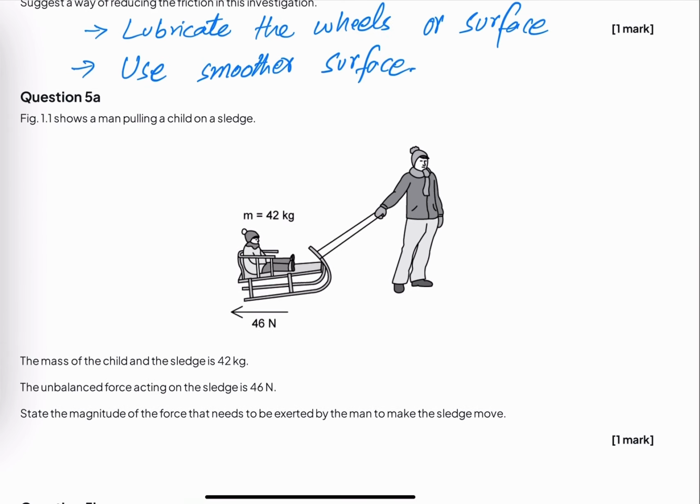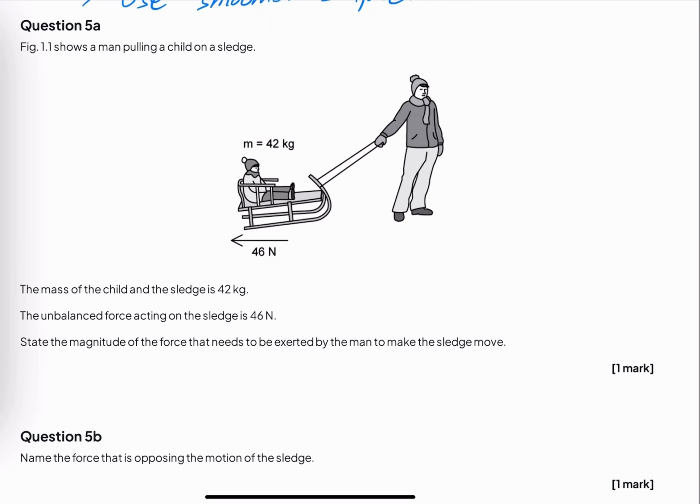5a. Shows a man pulling a child on a sledge. The combined mass of the child and the sledge is 42 kg. The unbalanced force acting on the sledge is 46 Newton. State the magnitude of the force that needs to be exerted by the man to make the sledge move. Okay, so we have a backward acting force and we have the mass of the object.